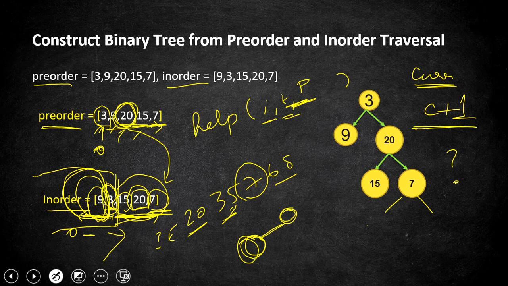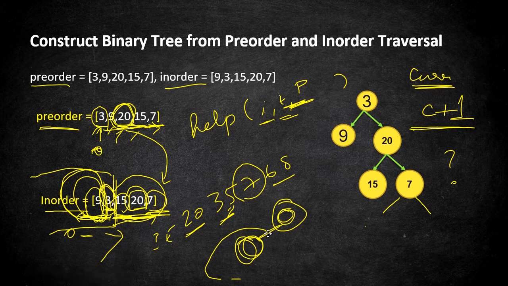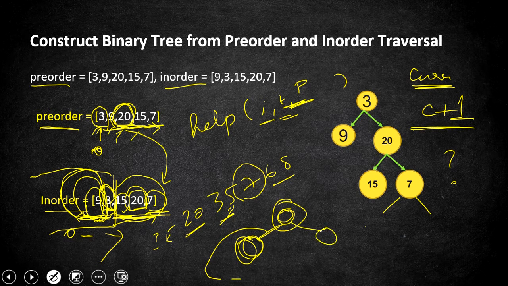In preorder traversal, once we visit the root node, we are going to visit all its left children, whatever is there in the left subtree, and then move on to the root of the right subtree. So we know after the left child, it is going to have all the elements of its left subtree, and then move on to the right child's root node.